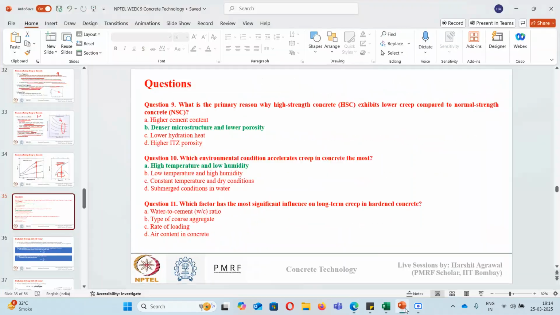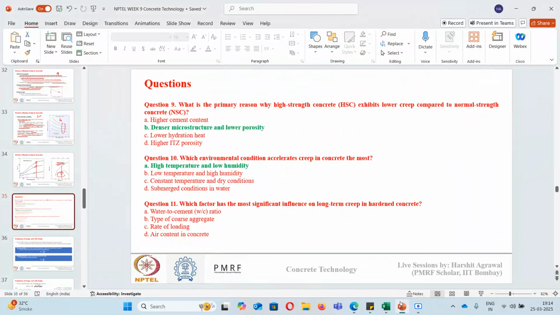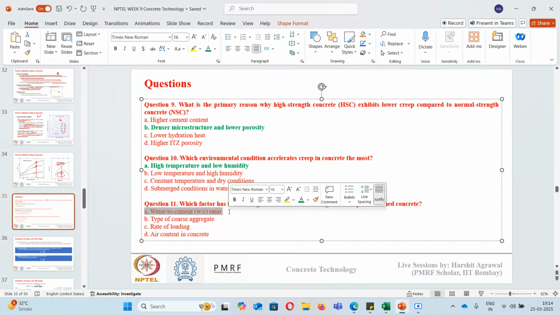Can you tell me the answer for question number 11? Okay, I have received two answers. The correct answer will be A. The most significant influence is caused by the W by C ratio.